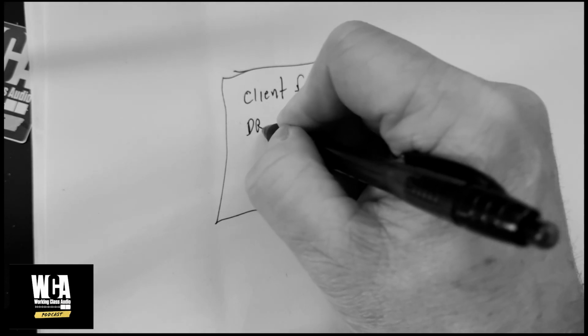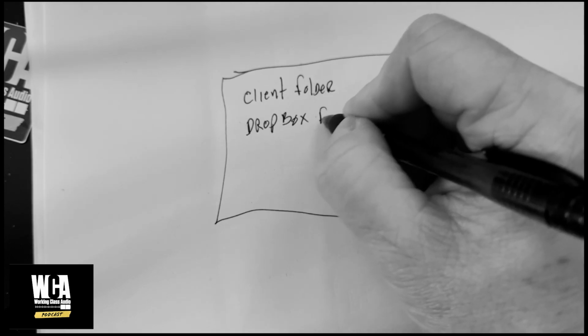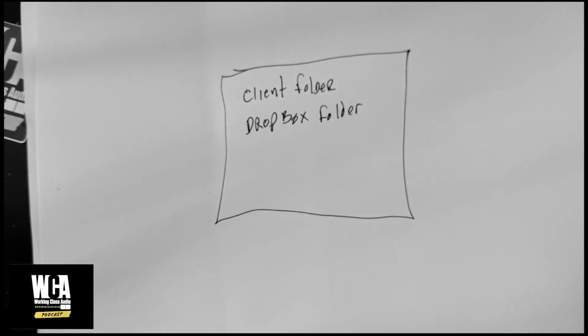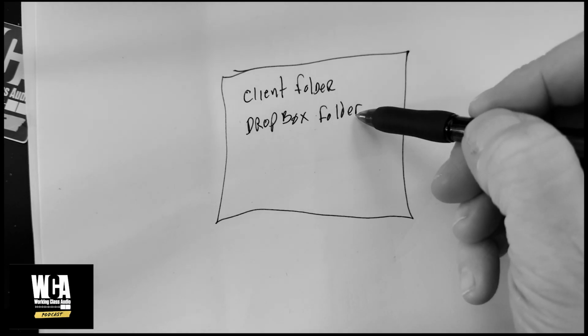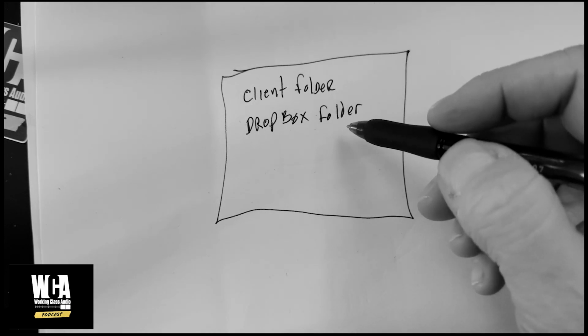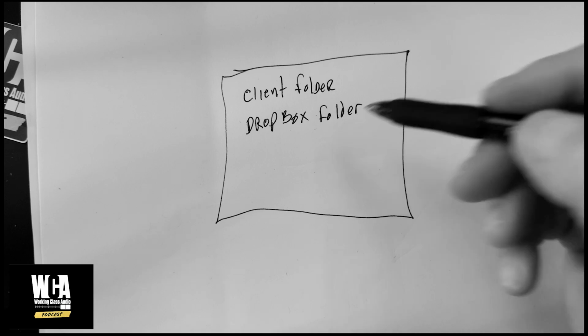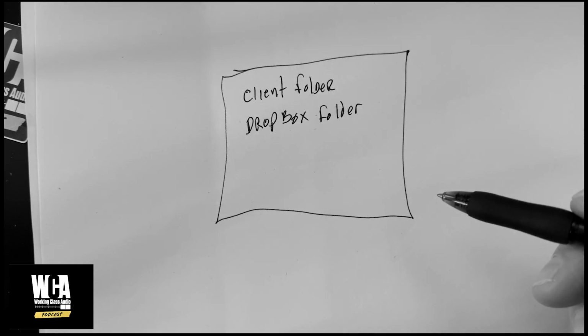And then, of course, the Dropbox folder that I synchronize everything to as I'm currently working on it. So at some point, the Dropbox folder is going to fill up, or the project's going to come to an end, and I'm going to need to put it away, but I want to keep it.